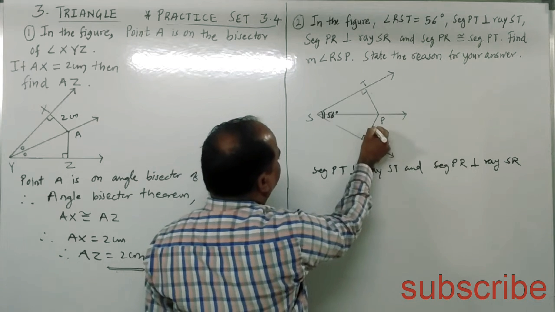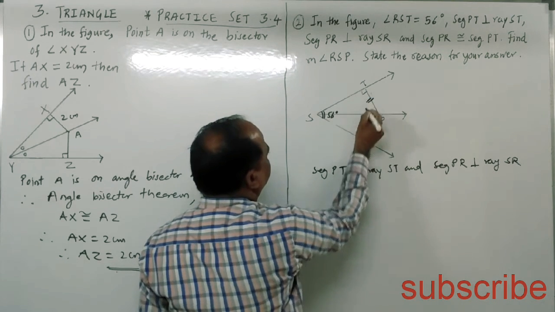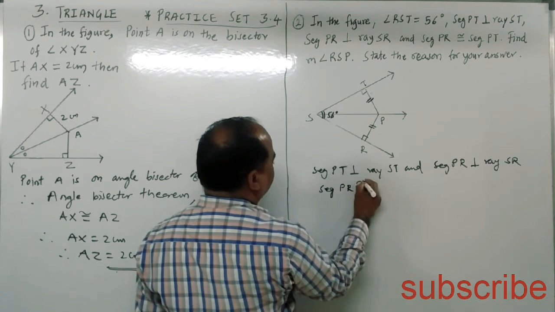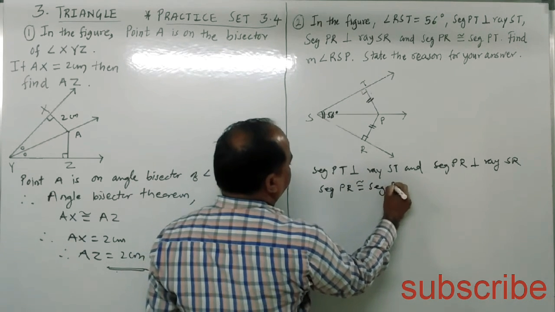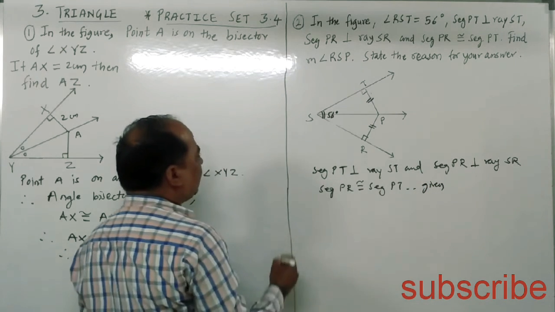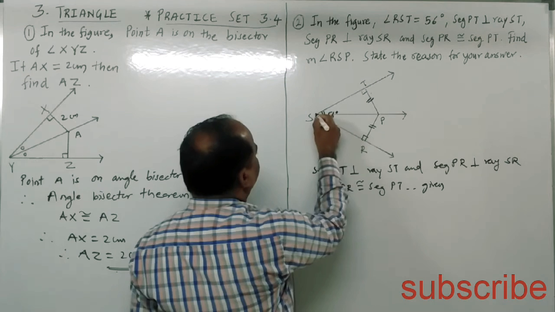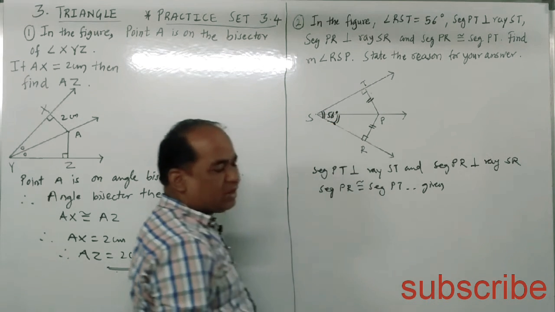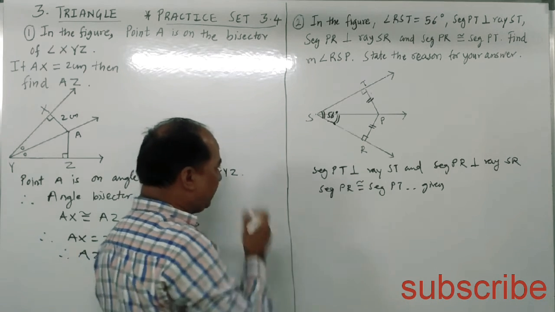And it is given that segment PR is congruent to segment PT. So find the measure of angle RSP. This angle RSP we have to find.